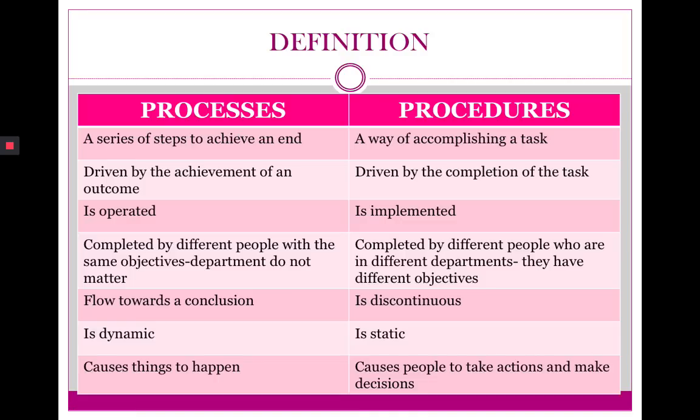Towards the end of the process, you will see that there's a result, something being produced, all right, and it's dynamic. So processes allow you to change, they allow you to skip a step. I mean, you could alter some of the steps or stages. It is operated and so on, and causes things to happen.